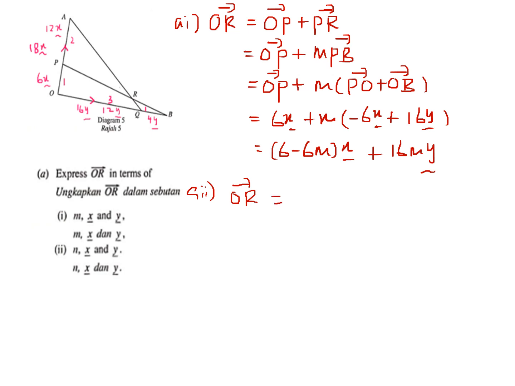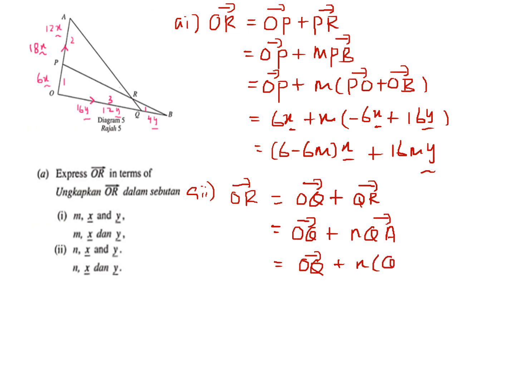Vector OR equals vector OQ plus vector QR. From the question, vector QR is n vector QA. So we have vector OQ plus n times vector QO plus vector OA.